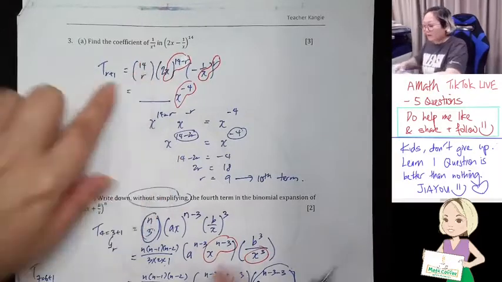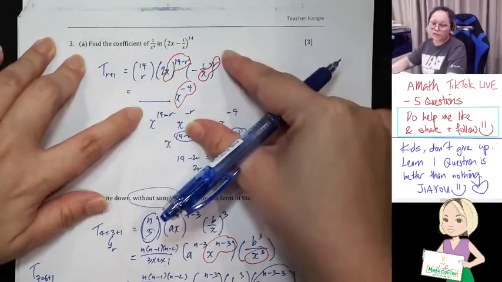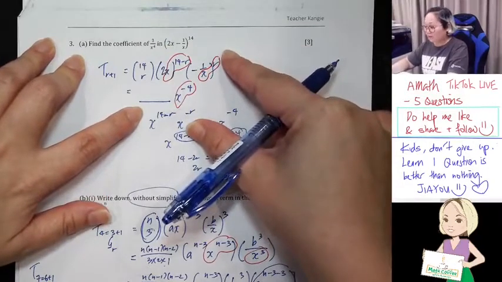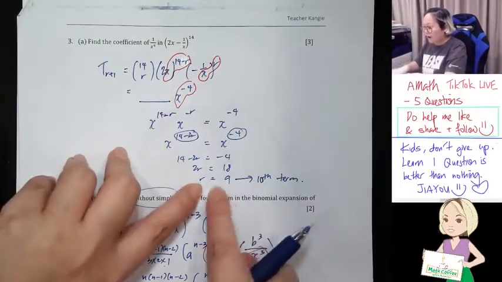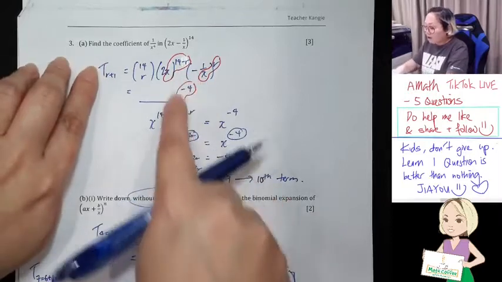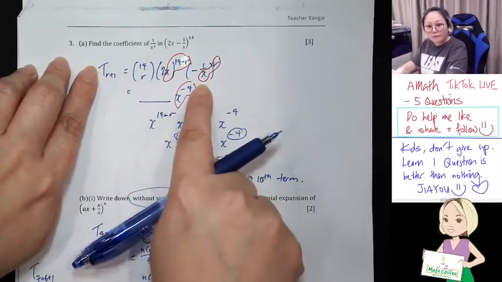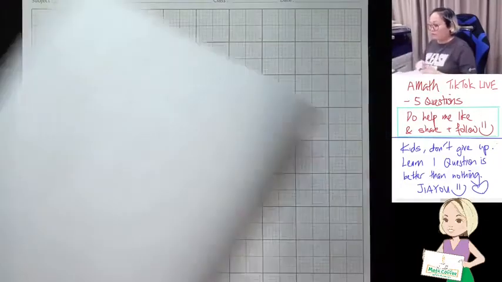I already showed you this question, so I'm not going to go too much on it. You can go back to my YouTube video and check this out. You form an equation and find out that it's actually the 10th term, whereby r equals 9 gives me the term of x to the power of negative 4. You understand?